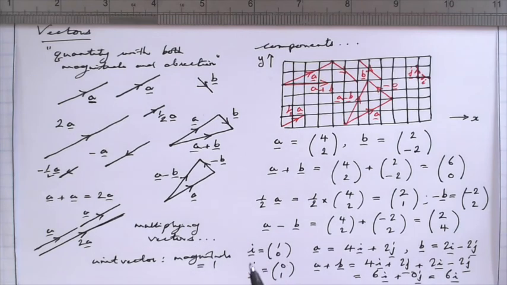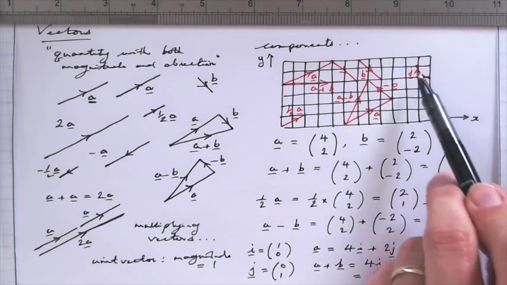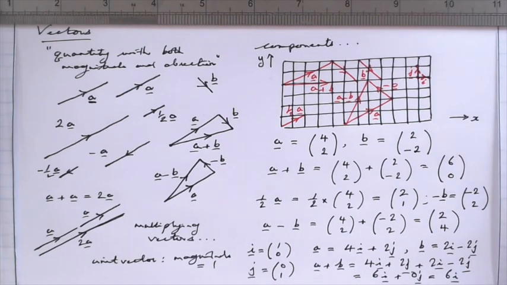And finally, I've just given you a slightly different, very useful representation of components using these so-called unit vectors i and j, and how you would write A and B in terms of i and j and do arithmetic and so on. So I do hope that is helpful and not too quick.